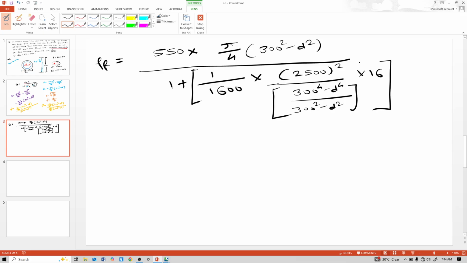Okay, so this P_R is equal to, calculate this term, this 1 by 1600 into 2500 square into 16, so it is 62,500.